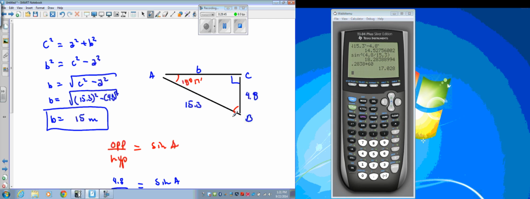Now, we got to calculate B. To do it the way the book is telling us to do it, what are we going to have to do? The temptation would be to take 90 minus that. Is that the way the book says to do it? The book says using only the information that's given, which is these two, right?